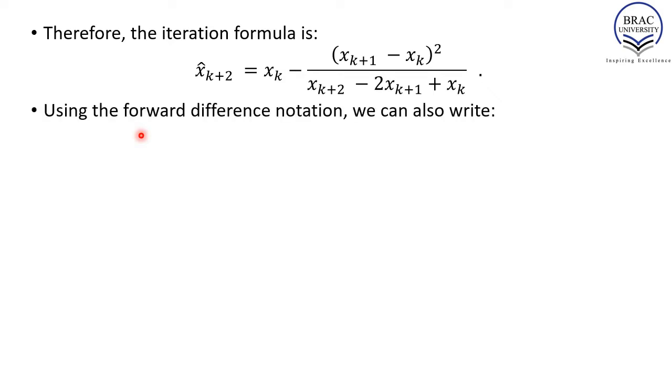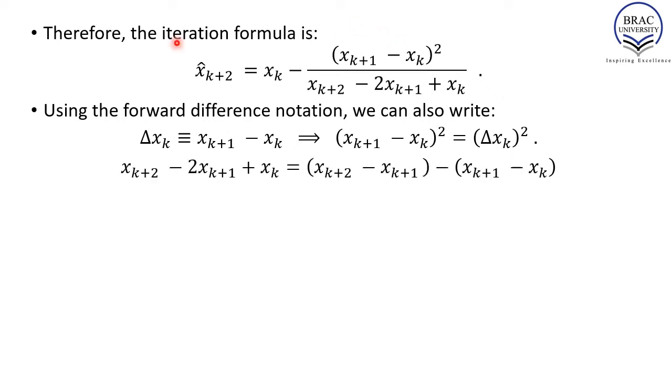Now using the forward difference notation, we can express the above formula in a very simple form. That is just pure notational fact. The change in x_k is, by definition, the difference. Using this notation, we can write the numerator in that format, and the denominator we just rearrange.